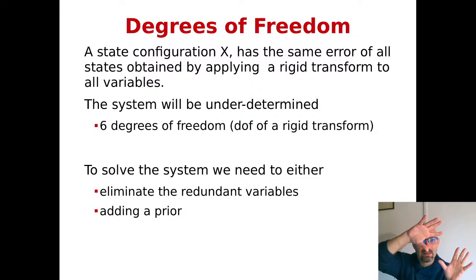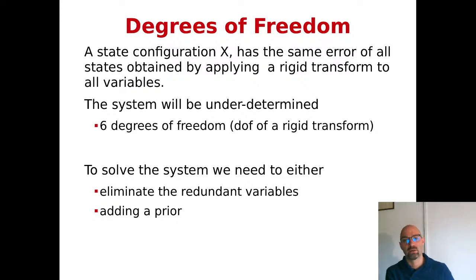And given that you moved everything rigidly, the error will still be 0. And how many degrees of freedom do you have? In how many ways can you transform the solution in a way that the chi-square doesn't change? In 6 ways: the 3 translations and the 3 rotations. So the system will not be solved because it's underdetermined.